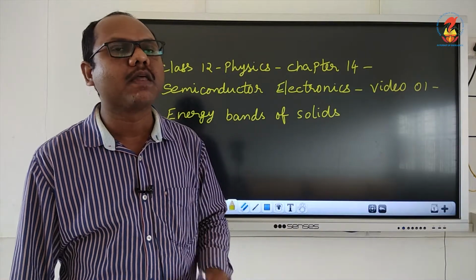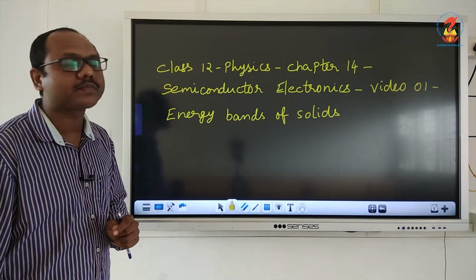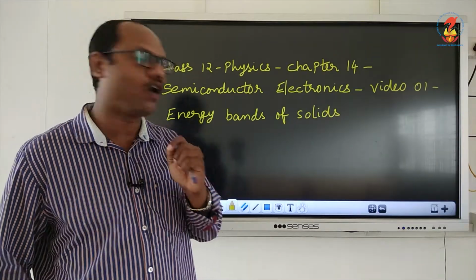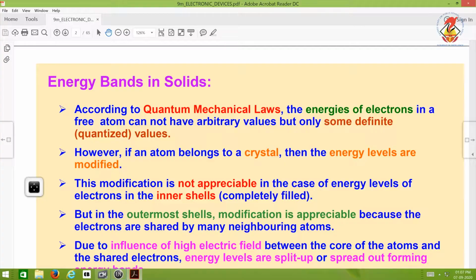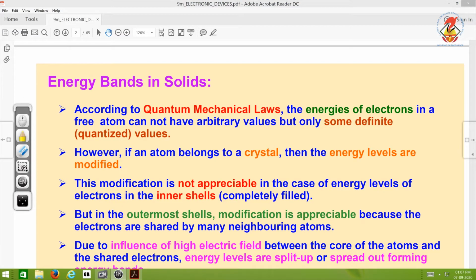Now we will move on to the band theory of solids. Energy bands in solids. According to quantum mechanical laws, the energies of electrons in a free atom cannot have arbitrary values, but only some definite quantized values.